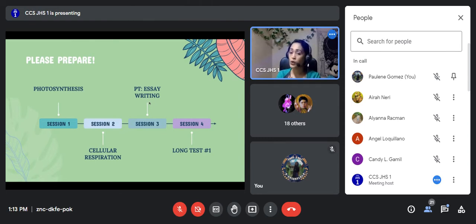Also during session 3, you will be given the time to write down your essay. What happens in session 3 is that for the first few minutes, I will explain the expectations for this essay or for this PT. At the same time, I will also explain the grading system, the basis for the grading or evaluation of your work.